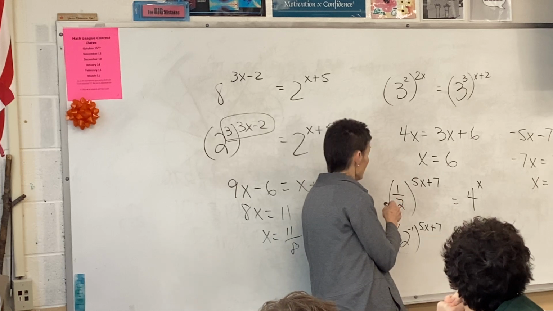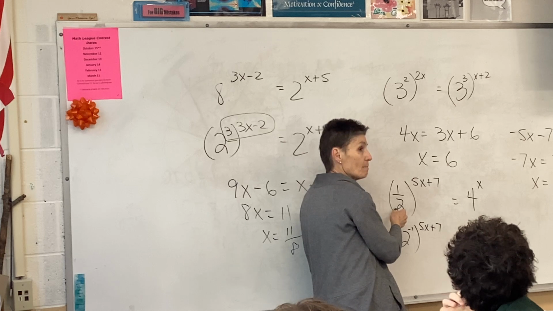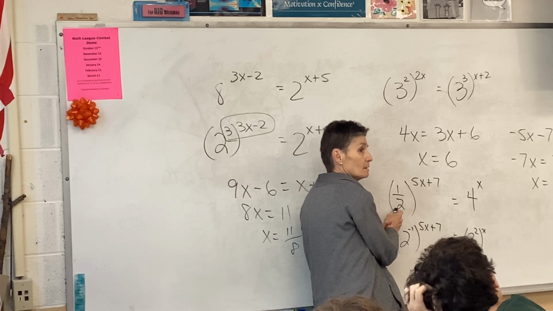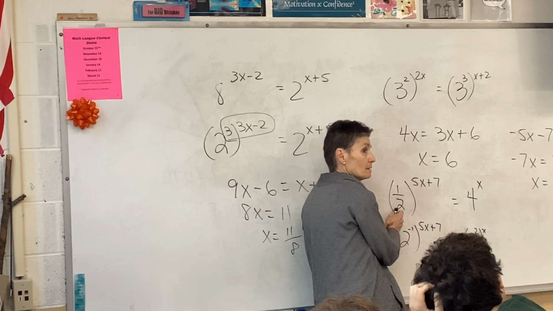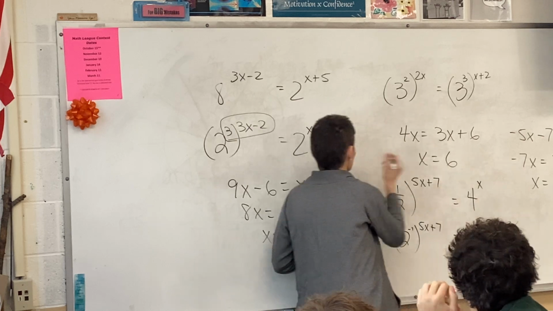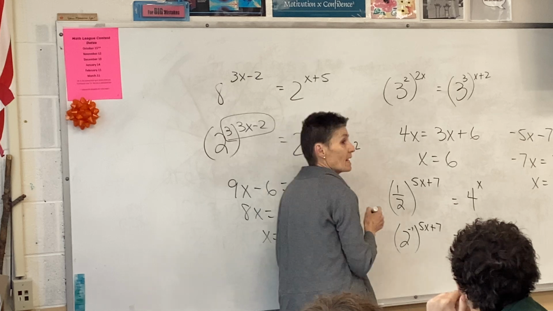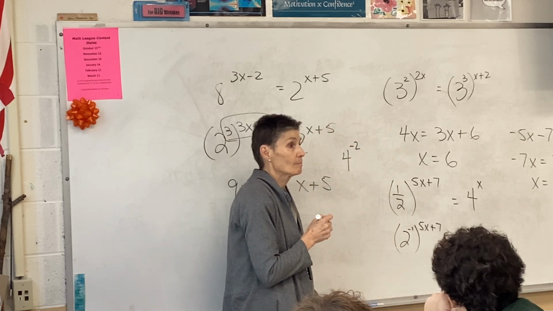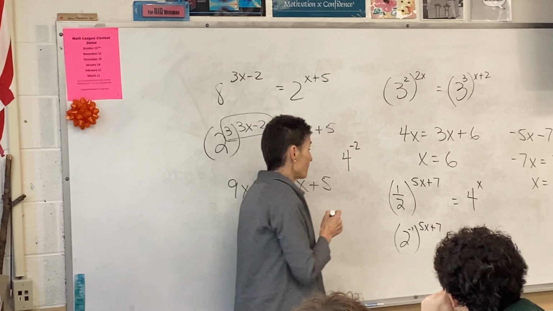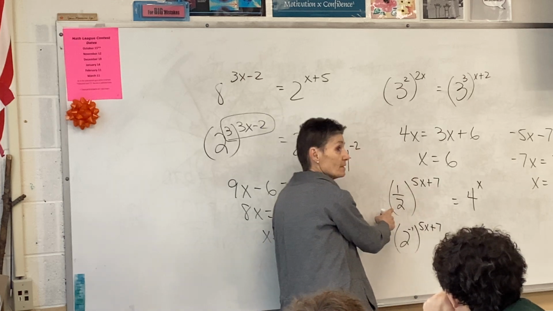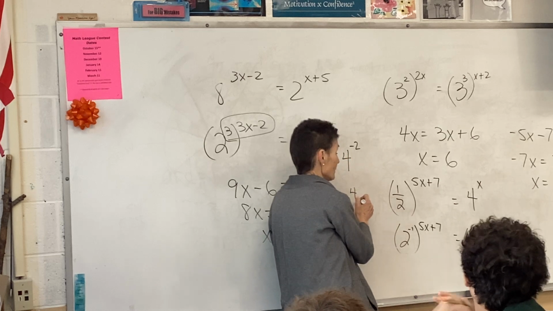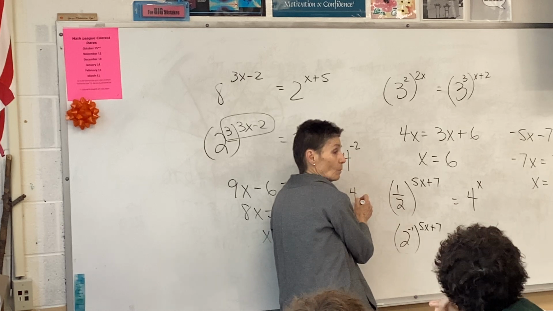4. Okay, so this became 4 to the negative 2. No, there's your mistake. 4 to the negative second is 1/16. If you want 1/2, it would have to be 4 to the what?